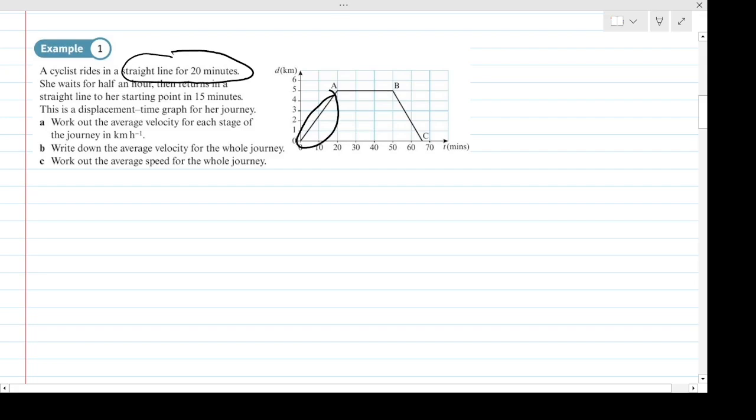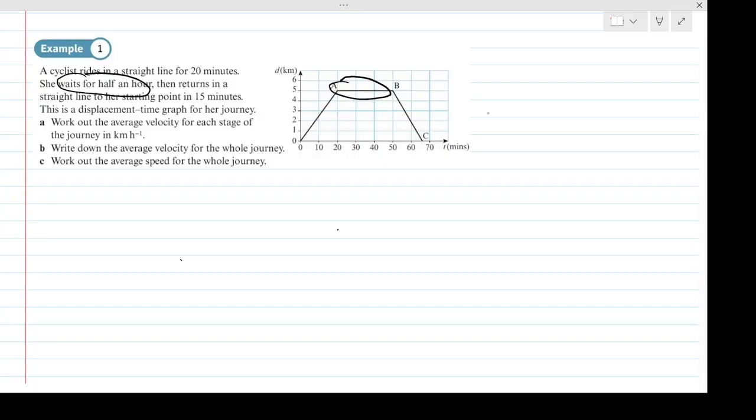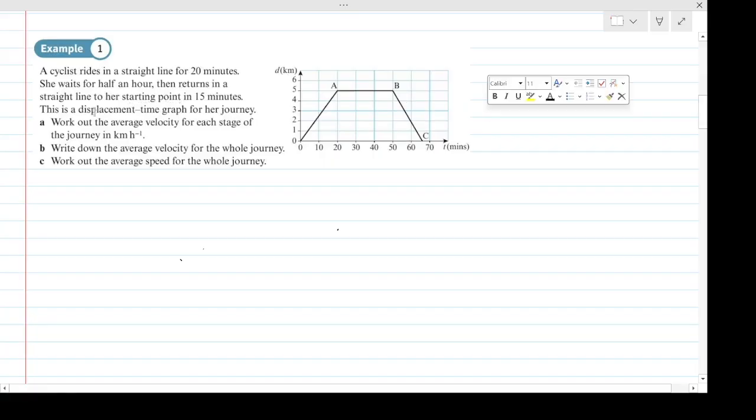From zero to A, that's the first part in 20 minutes. And then she waits for half an hour, that's the second part. You can see that here. It's a completely flat line, which means she's not moved anywhere. And then she returns to the starting point, and you can see that at the final part here.